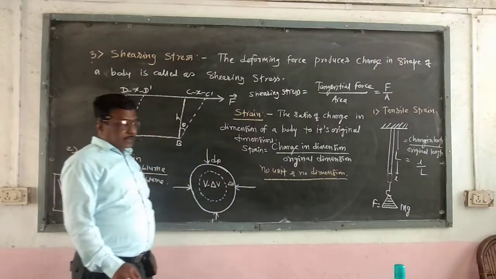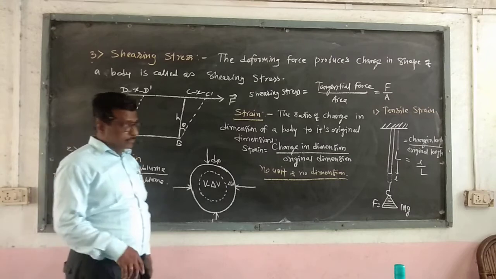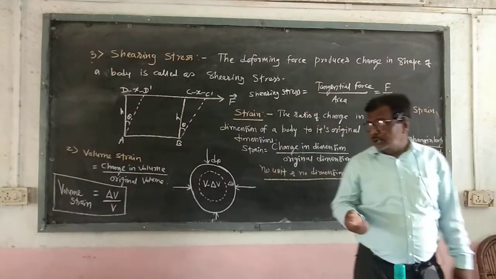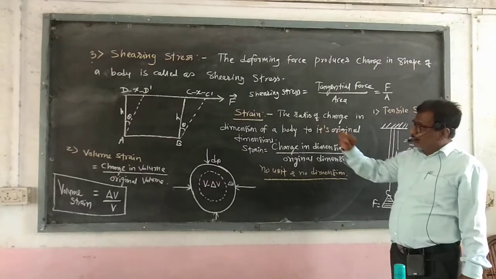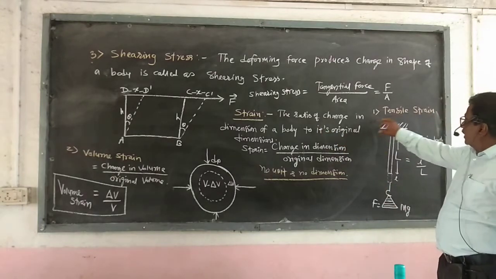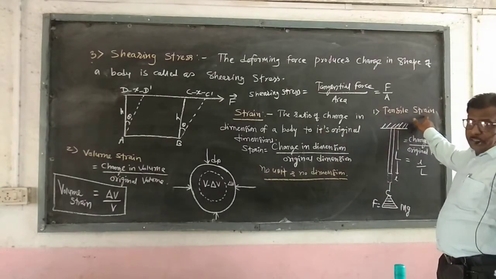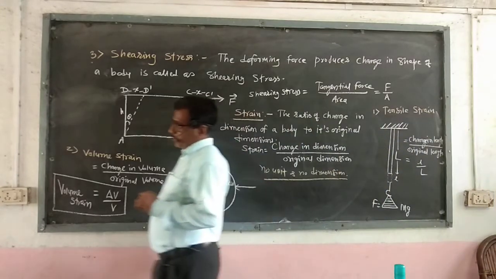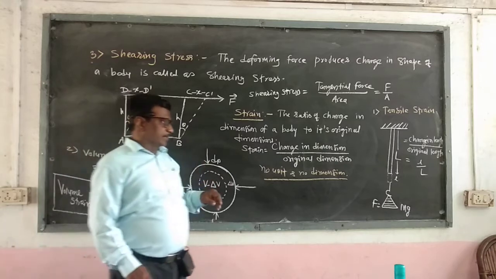Now we see the types of strain. Just as there are three types of stress, similarly there are three types of strain. The first type is called tensile strain. What is meant by tensile strain? Here is again the same figure which you have studied in stress.